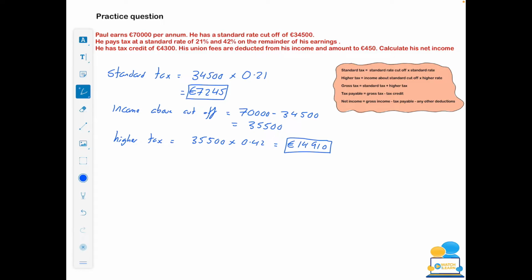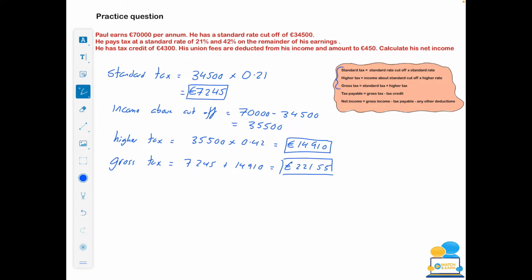That's going to be important. We've calculated his standard tax and his higher tax, so we're going to add those together to get his gross tax. Okay, so that's his gross tax.